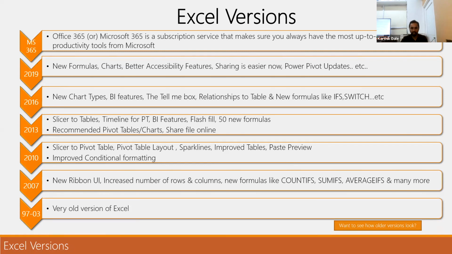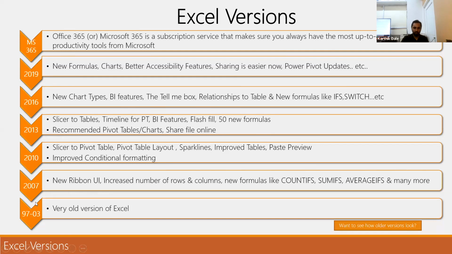Here, at a high level, I mentioned that in 2010 slicers were introduced in the pivot table. In 2013, apart from the slicers, they also introduced timelines. So some BI features were also newly added, and 50 new formulas were added. So in each version there is something or other new, right?